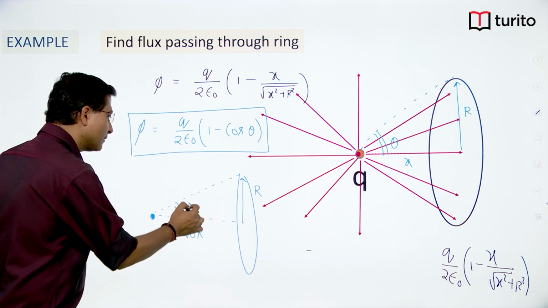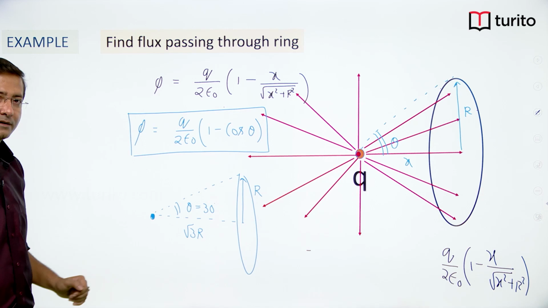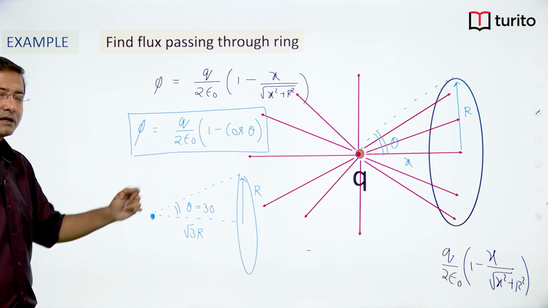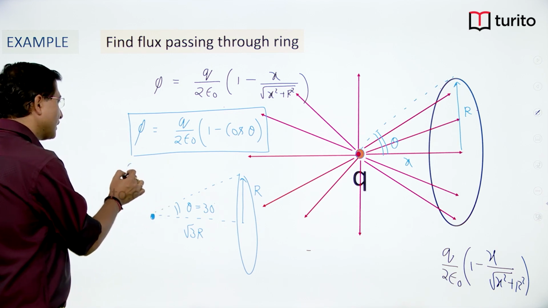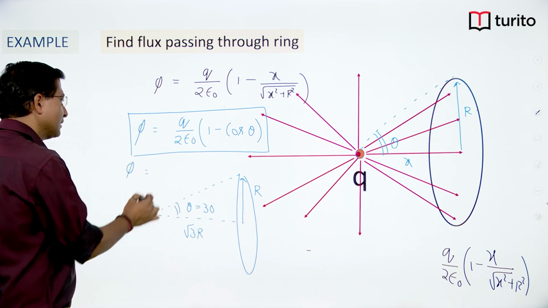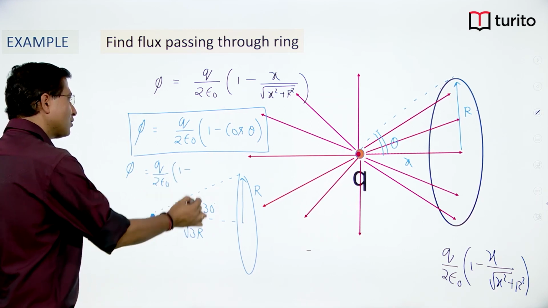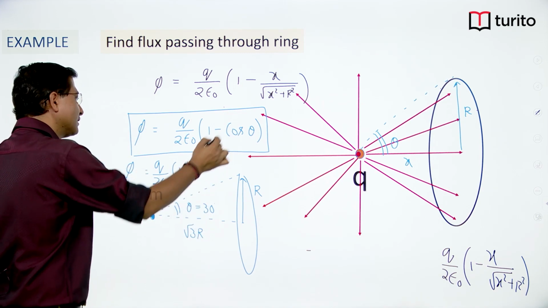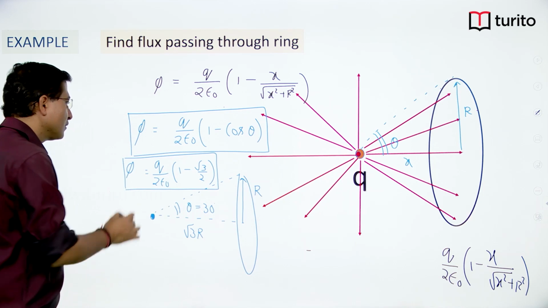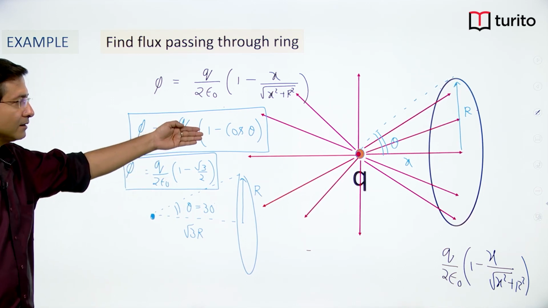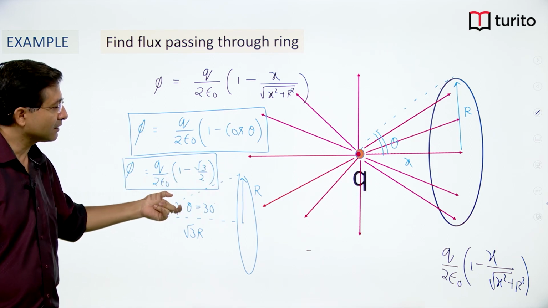So, theta is coming 30 degree. If I ask how much is the flux associated, substitute this value here. The flux associated for this situation is q upon 2 epsilon naught in bracket 1 minus cos 30 degree, and cos 30 degree is root 3 by 2. That is the application of the formula: for all such situations you can directly substitute the angle subtended.